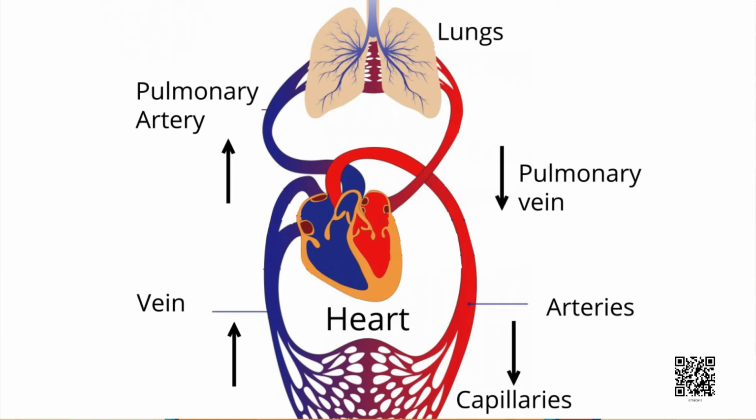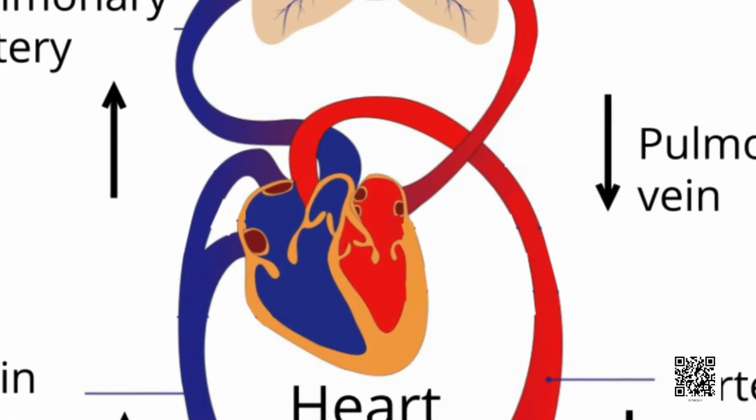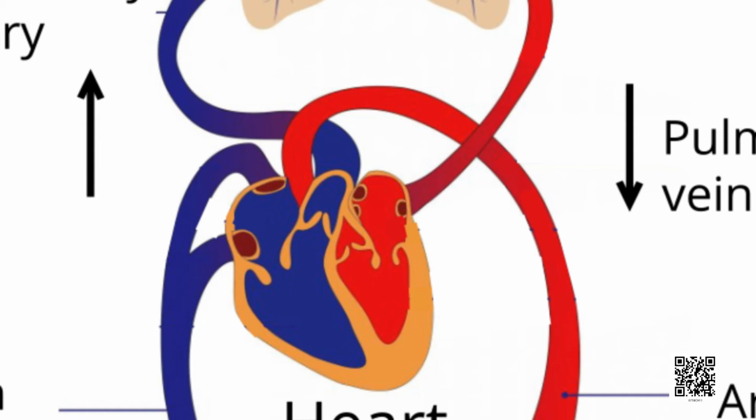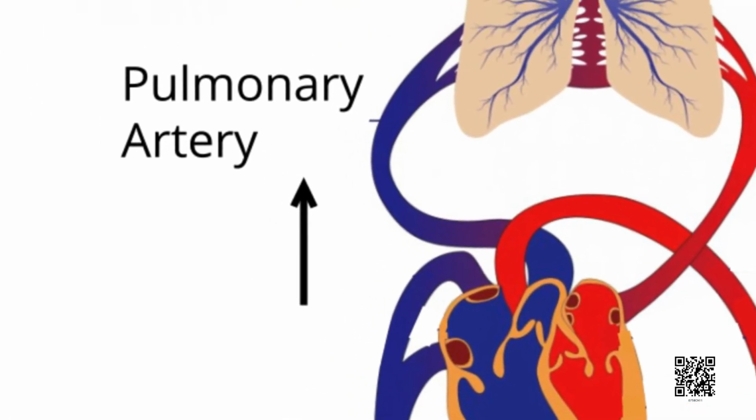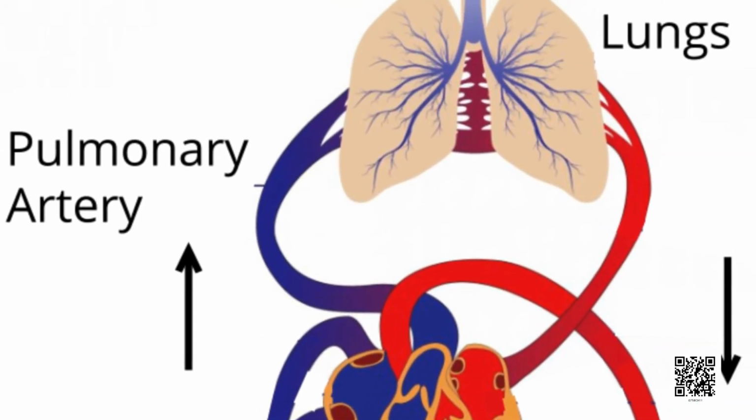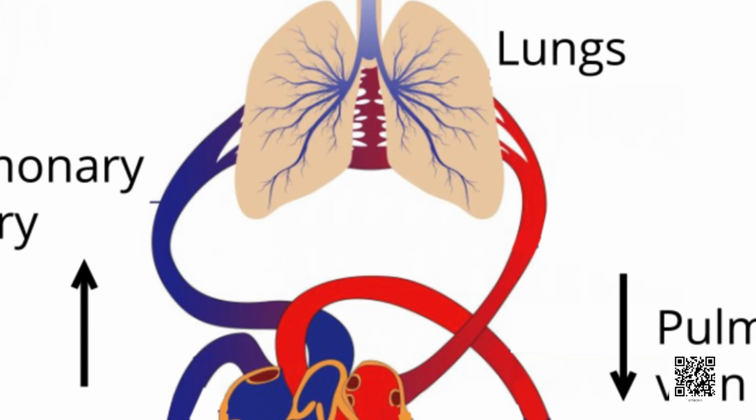From vena cava, this carbon dioxide rich blood enters the right atrium. This deoxygenated blood from the right atrium goes into the right ventricle. The right ventricle pumps this deoxygenated blood into the pulmonary artery for taking it to the lungs.